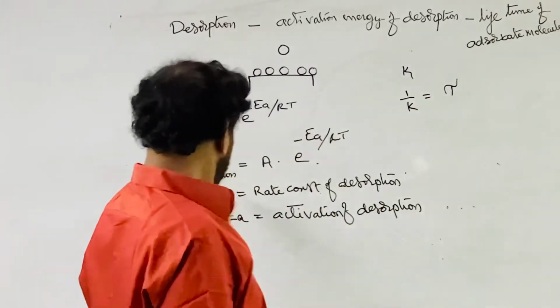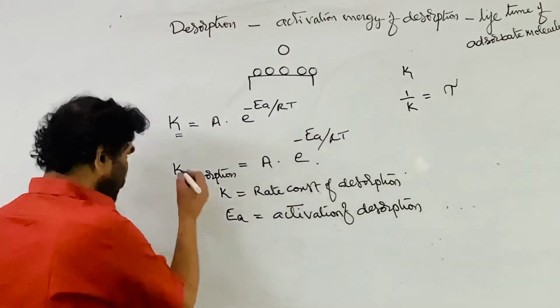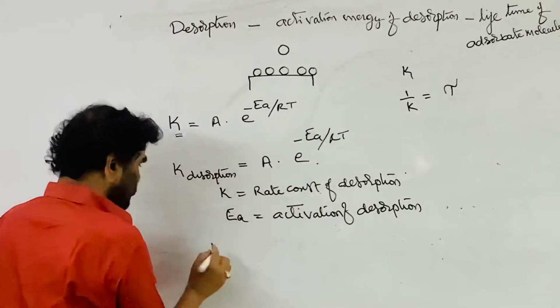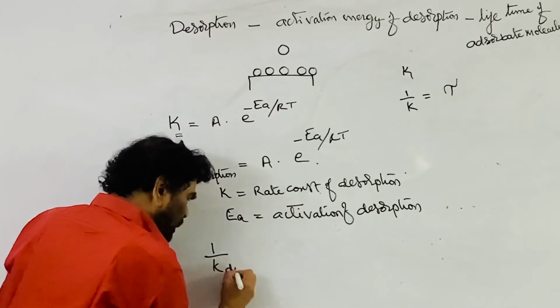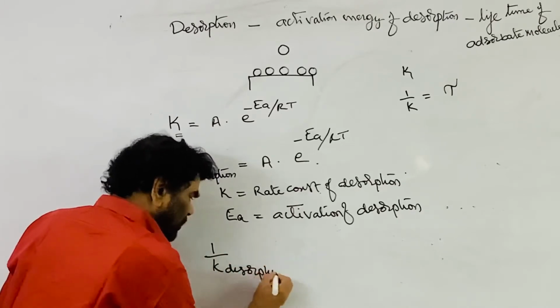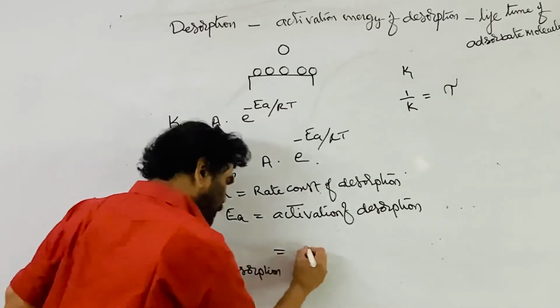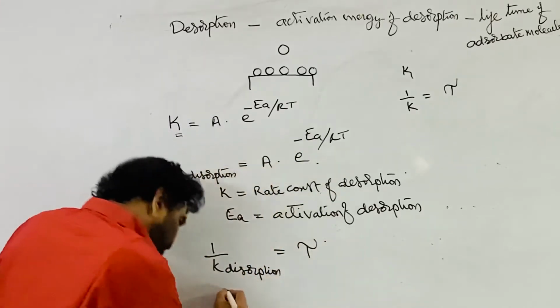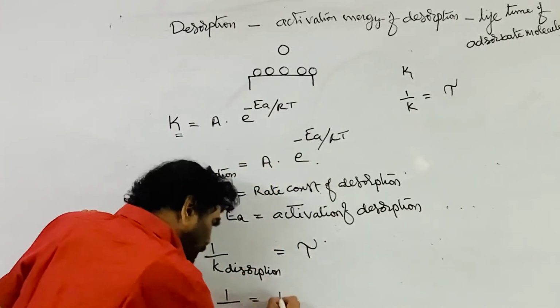Now take the reciprocal: 1 by K is equal to 1 by K desorption is equal to tau. 1 by A is equal to tau naught.